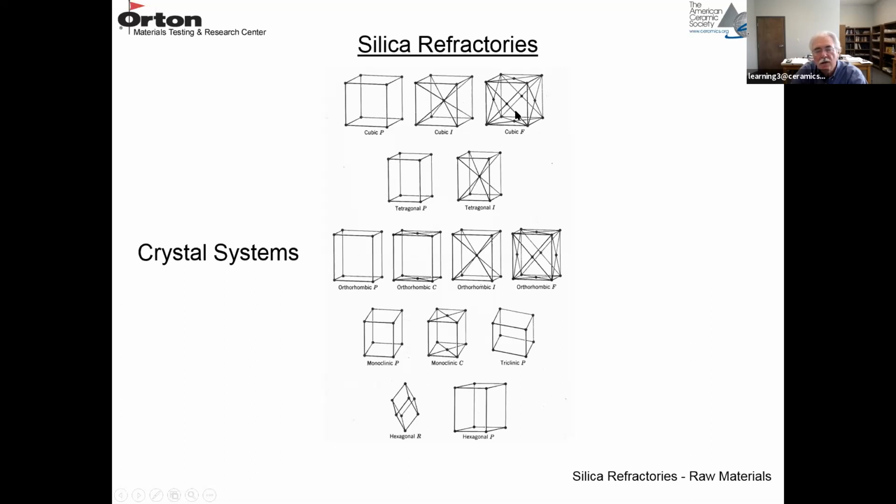There's an additional atom on the face of the tetragonal. And you can also have tetragonal body centered. The rhombic, you can have atoms on one face, while opposite faces, body centered, or all the faces, monoclinic, centered on opposites, triclinic, and two forms of the hexagonal structure.